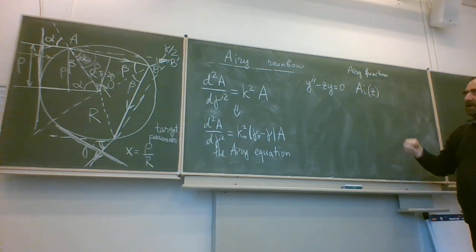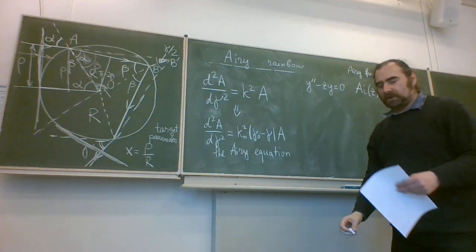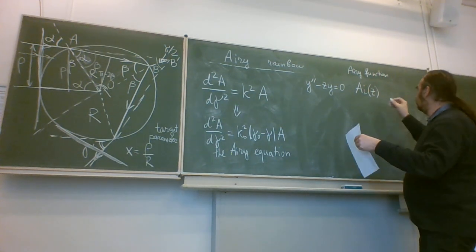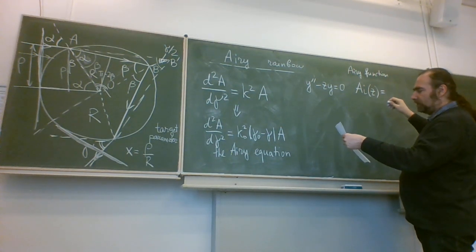It cannot be expressed in terms of elementary functions, but it can be written as an integral, for example. It would not help you too much, but I will write it anyway.